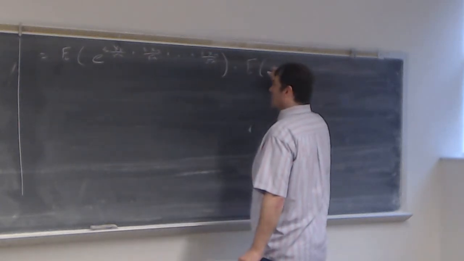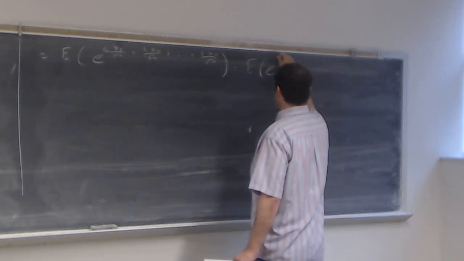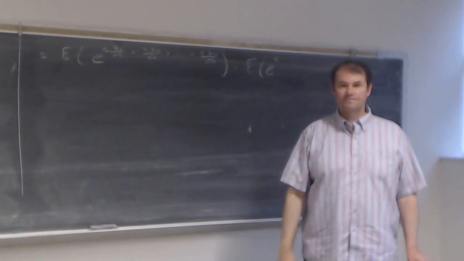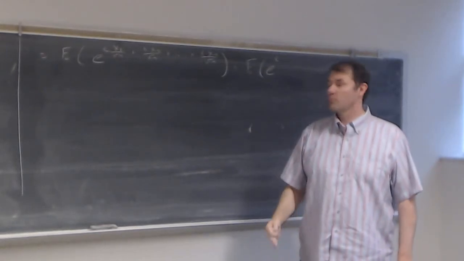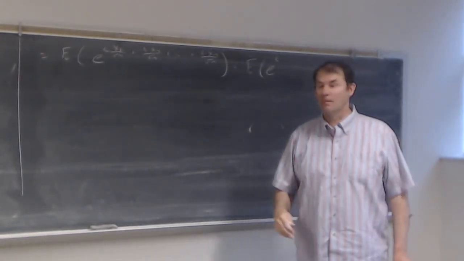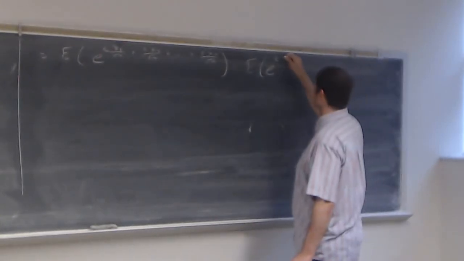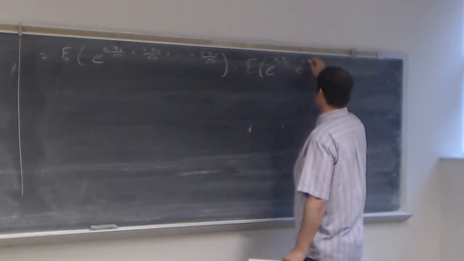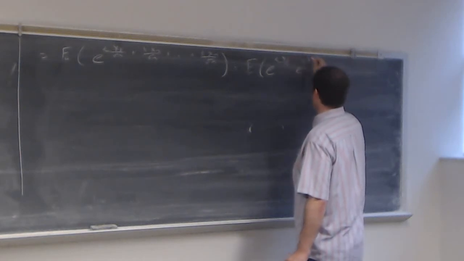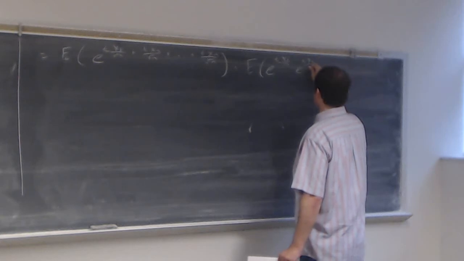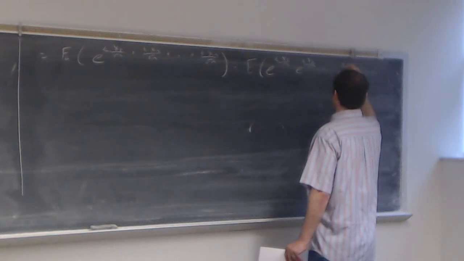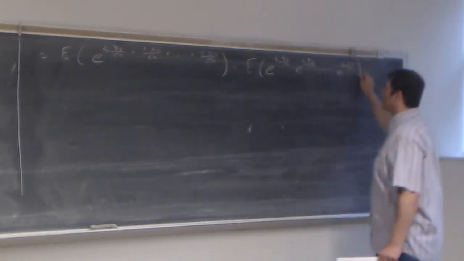You can break this expected value of e raised to a power that is a sum into the expected value of the product of e raised to each power involved in the sum. This should be e to the t X1 over the square root of n, times e to the t X2 over the square root of n, times e to the t Xn over the square root of n.